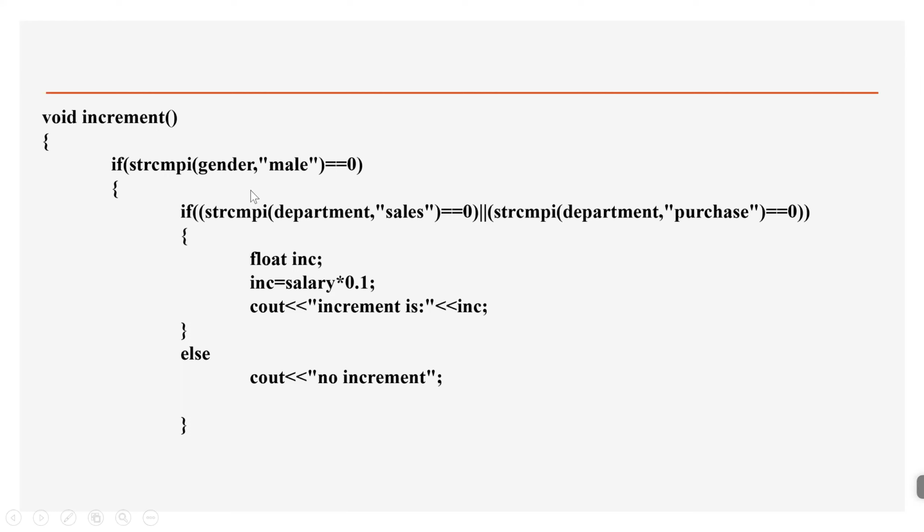Now, as it is told, the increment should be given 10% if the gender is male and if he is belonging to either the sales department or the purchase department. So if the gender is male, if it is true, then if the particular male is belonging to the sales department or, using string compare, the department with the purchase department, then the increment should be salary into 10%.